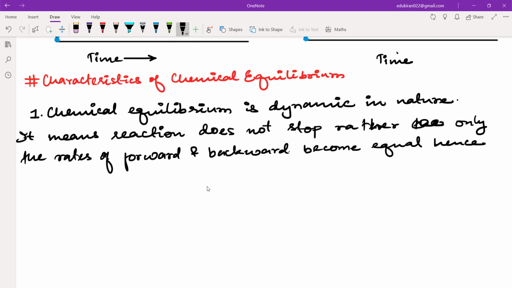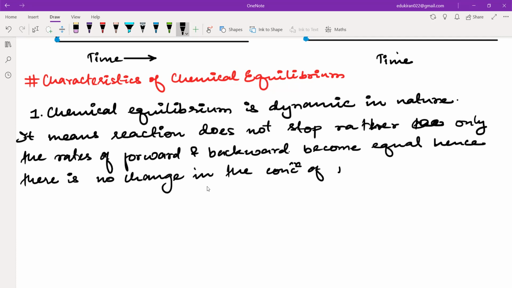Hence, there is no change in the concentration of reactant and product at and after equilibrium. Okay, this is the first point.